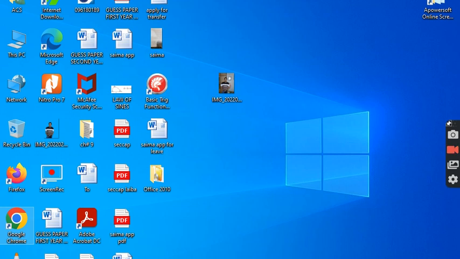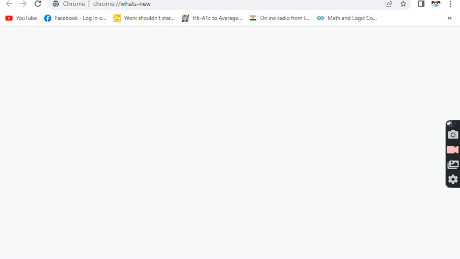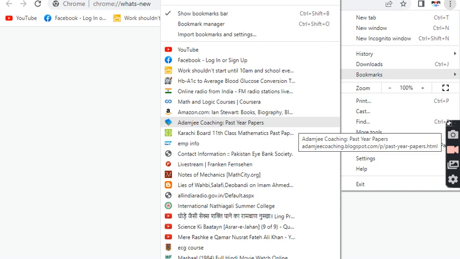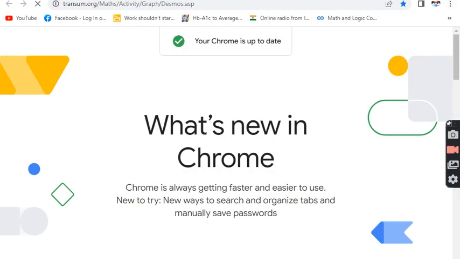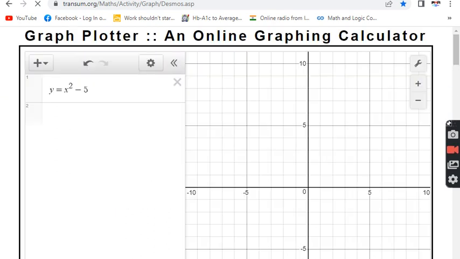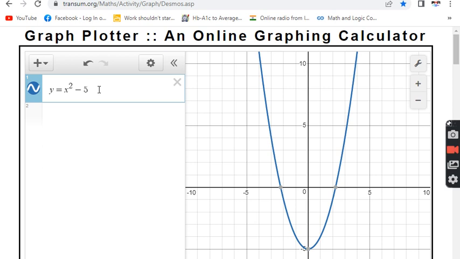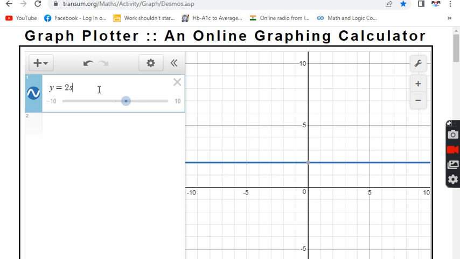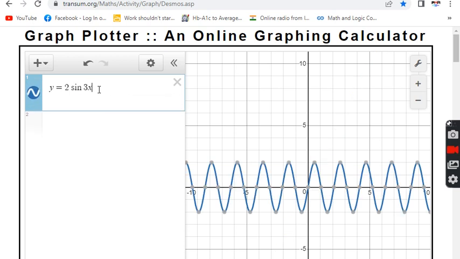Our graphing software is, kindly wait, it is opening. Our equation is y equals 2 sine 3x.